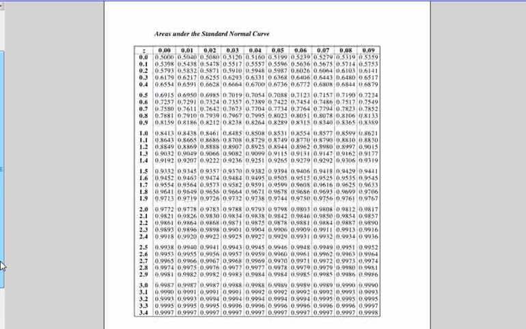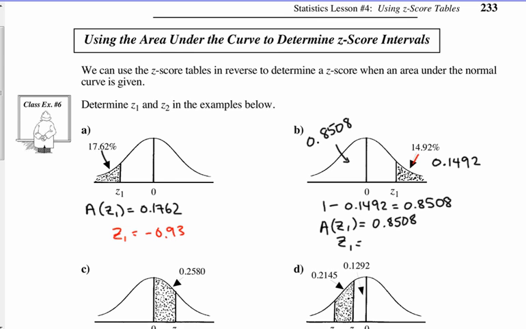We look for 0.8508. Now, if it's somewhere in between two values, you're going to find the closest z-score. In this case, it's right on 1.04. So our z-score would have been 1.04.